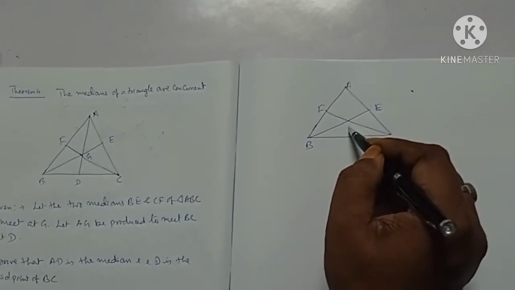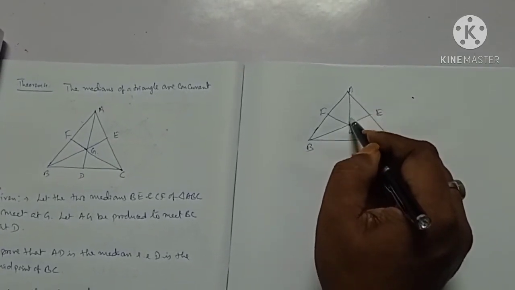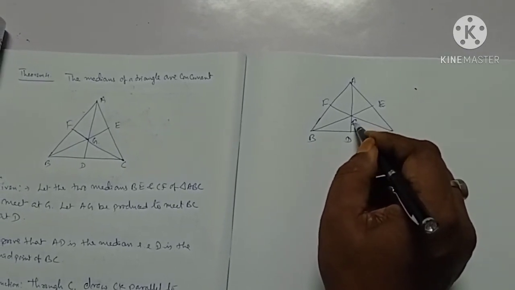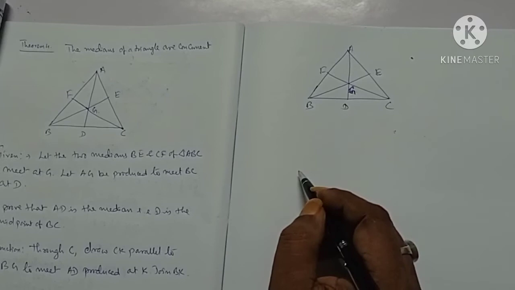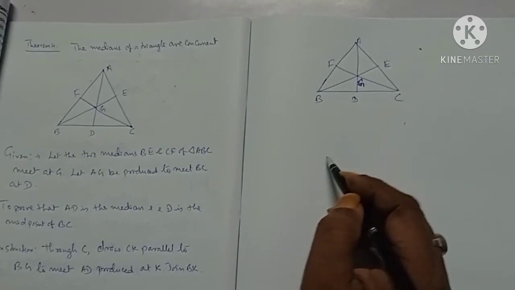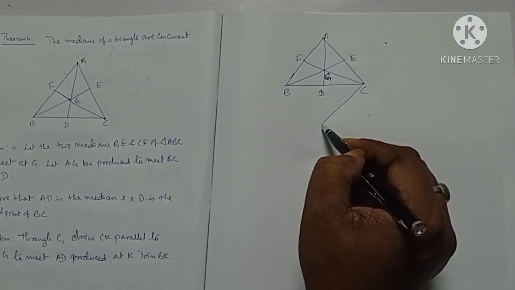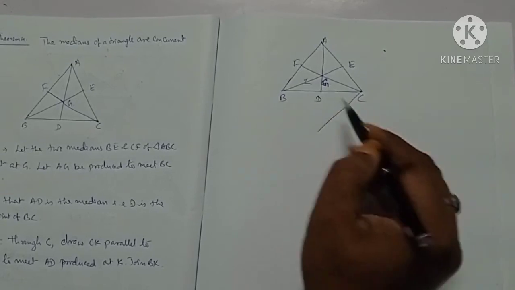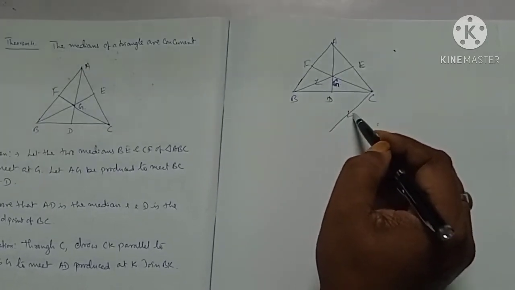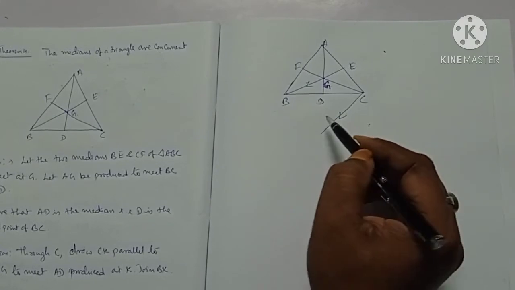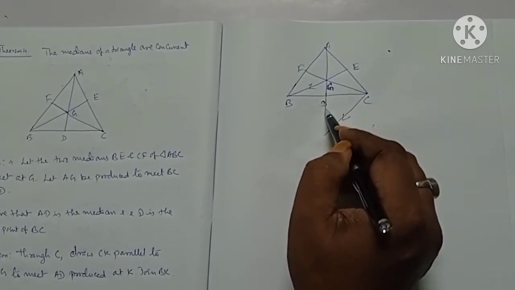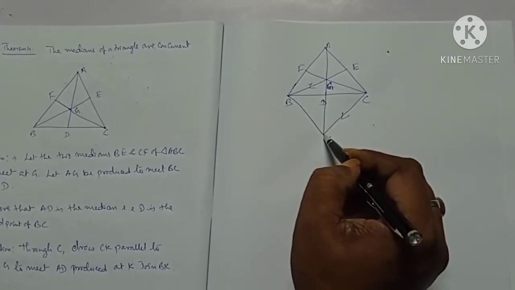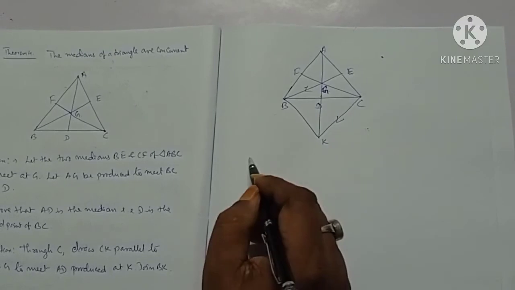They meet at G. AG is produced to meet BC at D. This is your G. Now there is a construction: CK is drawn parallel to BG to meet AD produced at K, and BK is joined. Now proof.